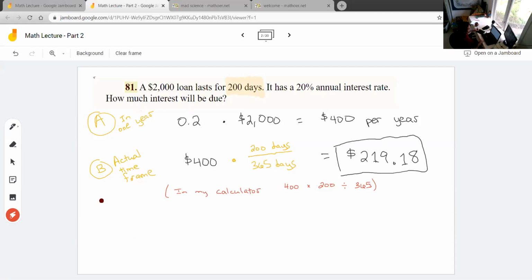It could have asked us for how much total do we pay back?